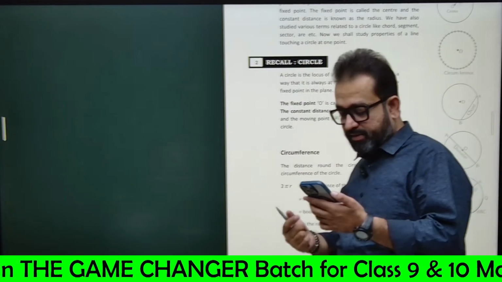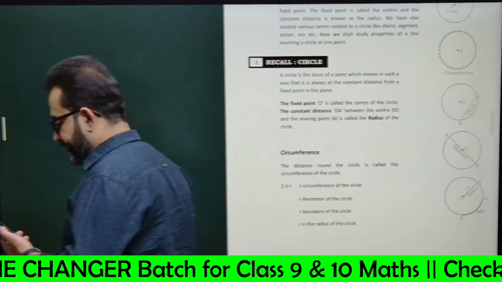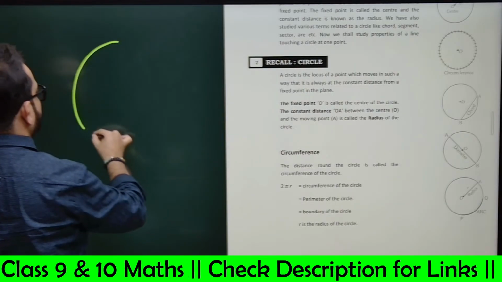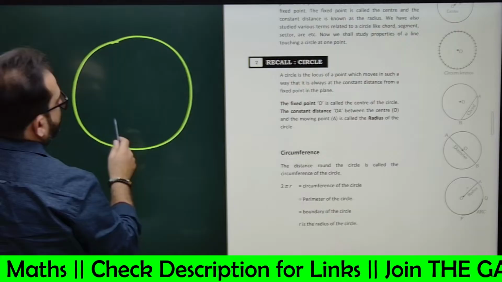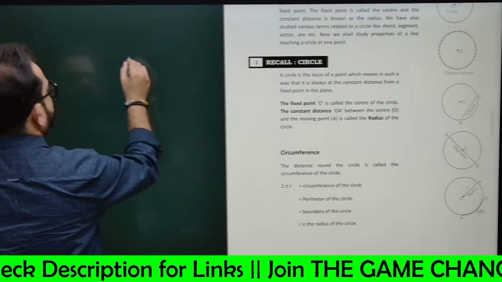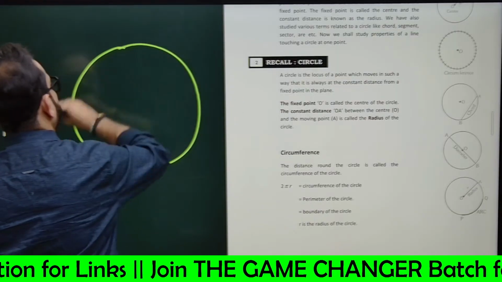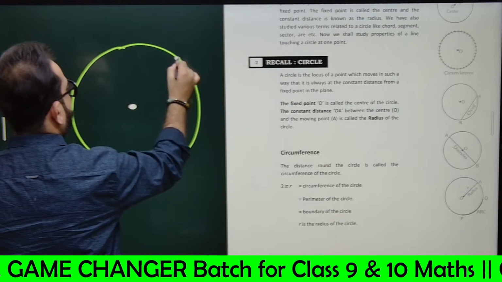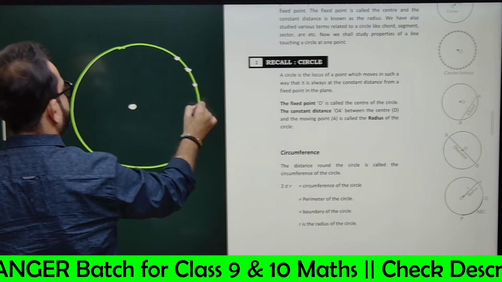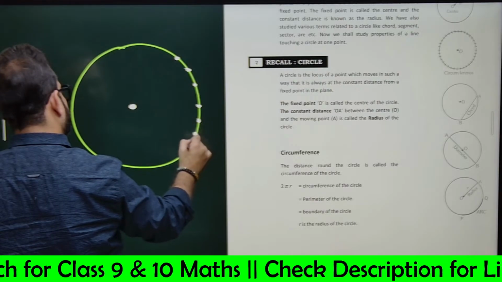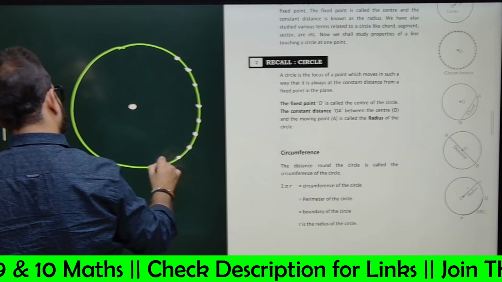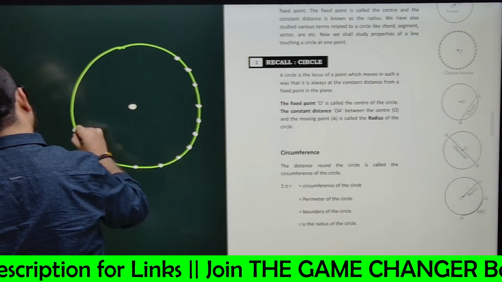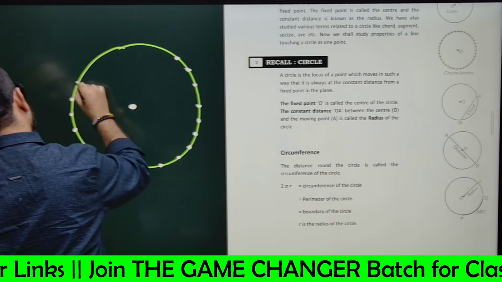What do you mean by this? Let's see. If this is a circle, and this is the center, all these points which are on the circumference will be at a distance of r from the center, yes or no?